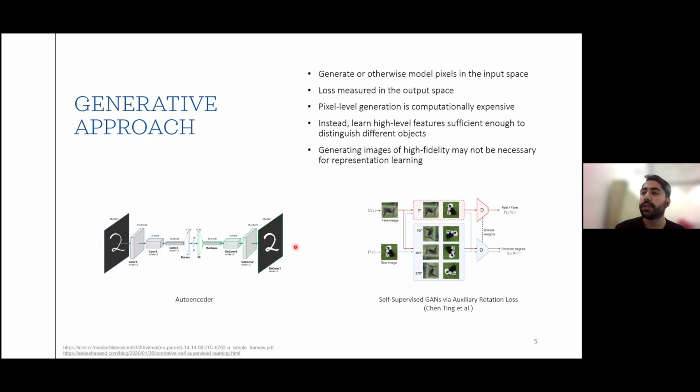If you are comparing the images in the actual space, it may become a very memory inefficient task. Instead of learning all the pixels, we can just have high-level features which are enough to distinguish different classes, in the case of object recognition for example. Also, this task may be unnecessary, as it reconstructs the image again.